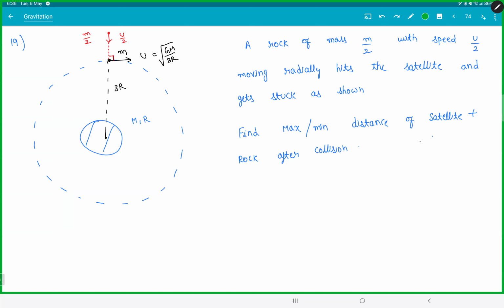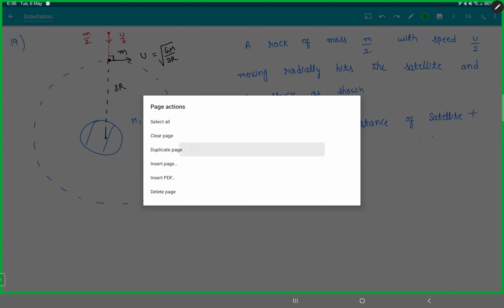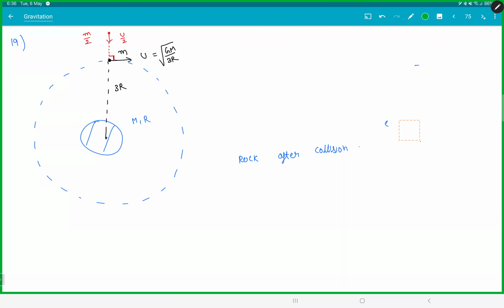Let's see. This is just before collision.